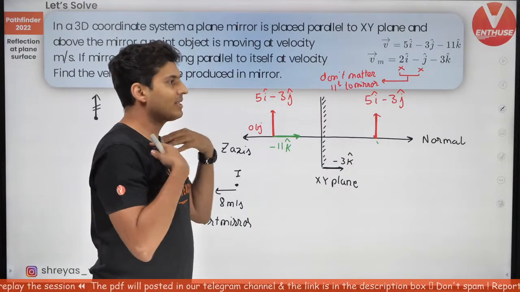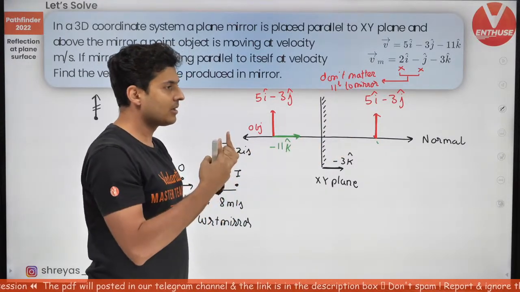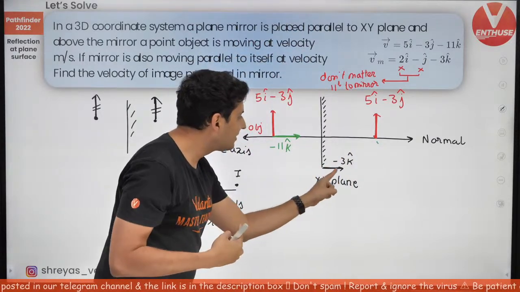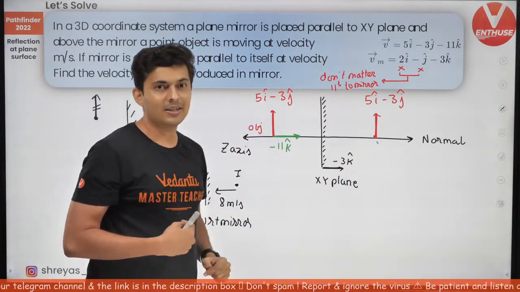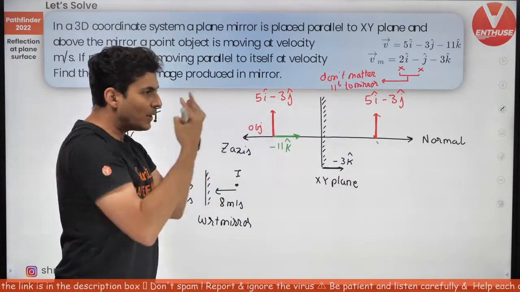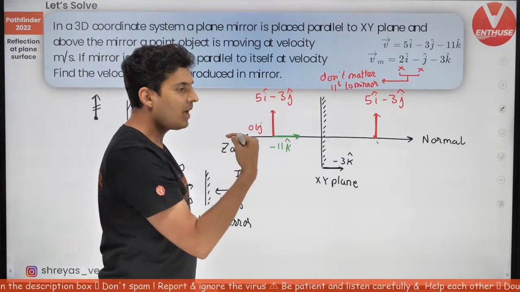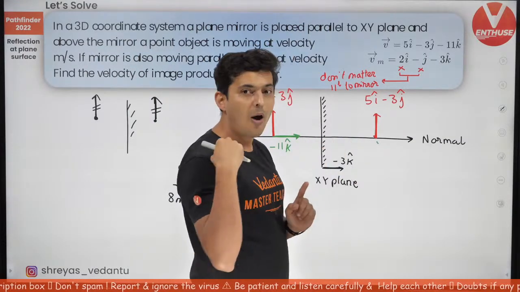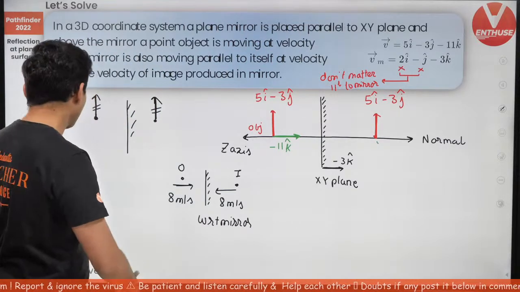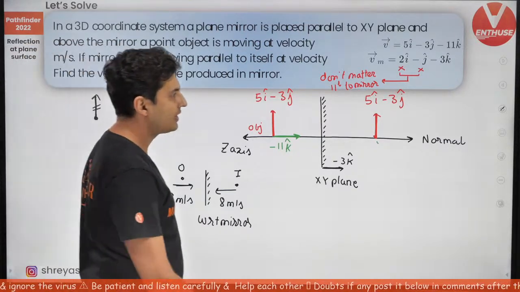And the mirror, with respect to me, moves 3 meters ahead. Look at this. 3 meters in this direction, and for me the image moves 8 meters this way. So how much has the actual image moved?